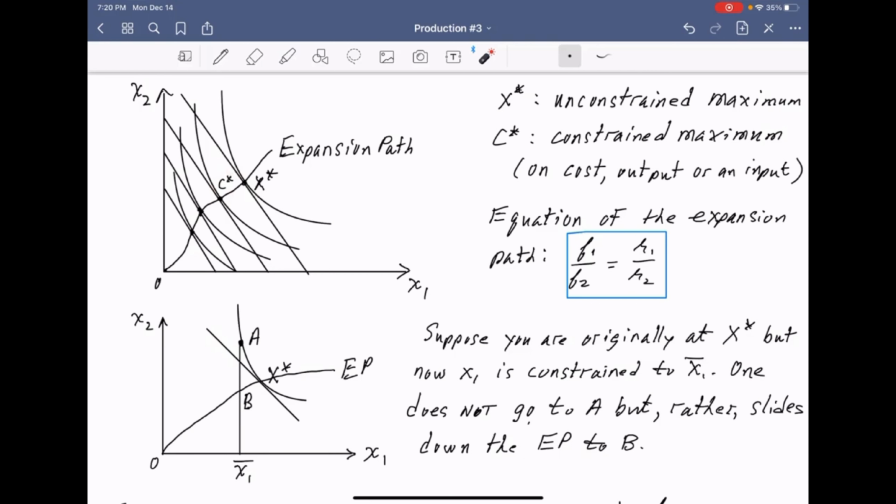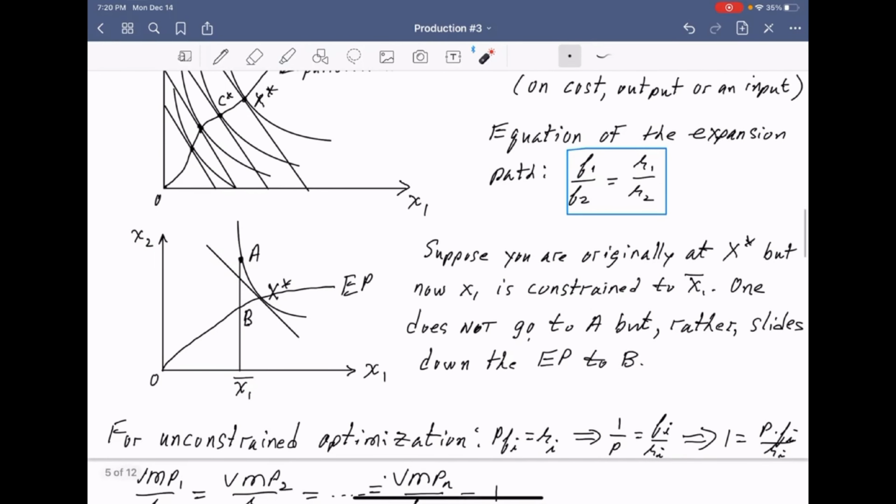So then the question is, and again, the equation of the expansion path is given in this blue box, what happens if we put a constraint on one of the inputs? Suppose you're originally at X star, but now X1 is constrained to be X1 bar instead of X1 star, where X1 star would be to the right of X1 bar.